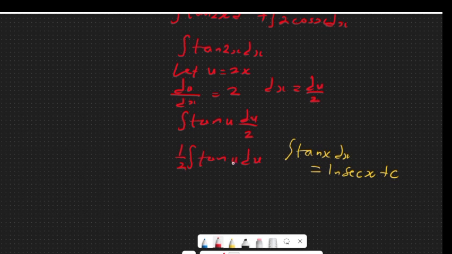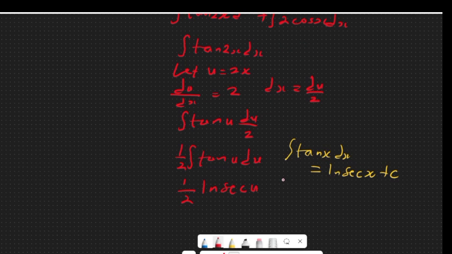So by applying here, you have 1 over 2, and then ln sec u. Okay, that is ln sec u. I'm not going to write the c because I'm not done. I'm only done with the tan 2x.